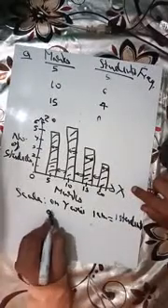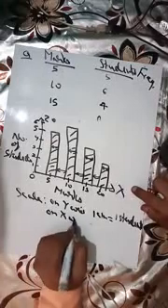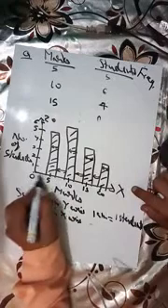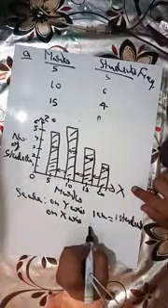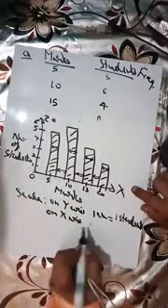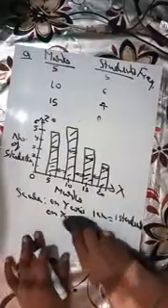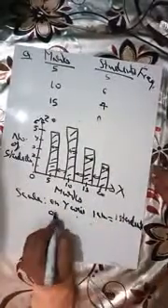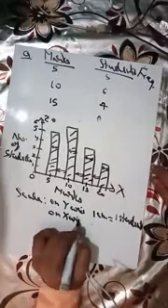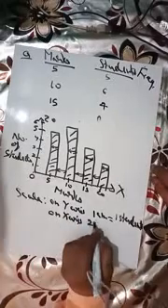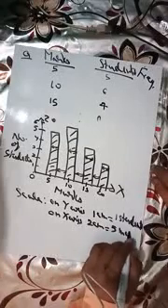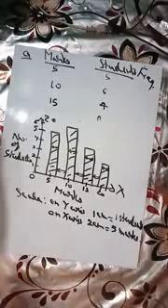Then on the x-axis, suppose it is 2 centimeter. 2 centimeter is equal to 5 marks.